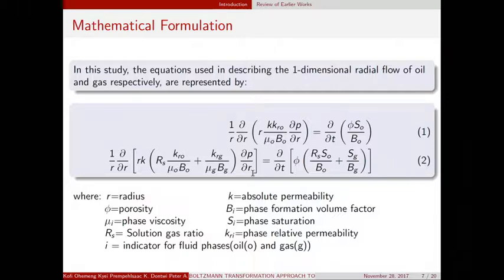Even if you say that you place your perforations only within the oil zone and you have a gas cap above it, it won't be reflected here because we expect that our entire thickness has been perforated. The other assumptions: we are incorporating Darcy's law, and we are also assuming that the reservoir has no source term.